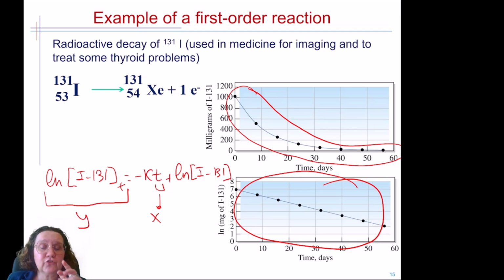Representing the concentration versus time, if it gives us a curve, that is not particularly useful, it doesn't tell us if it is first order, because all the other reactions also have curves. But if you represent the log in base e of the concentration versus time, and you have a straight line, then you know that's an example of a first order reaction.